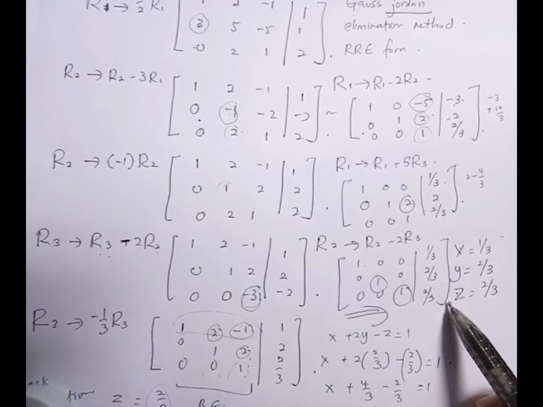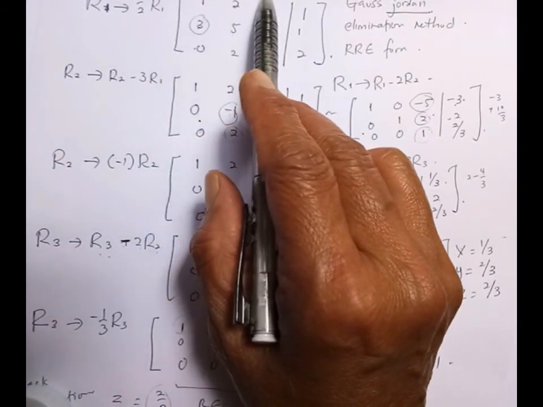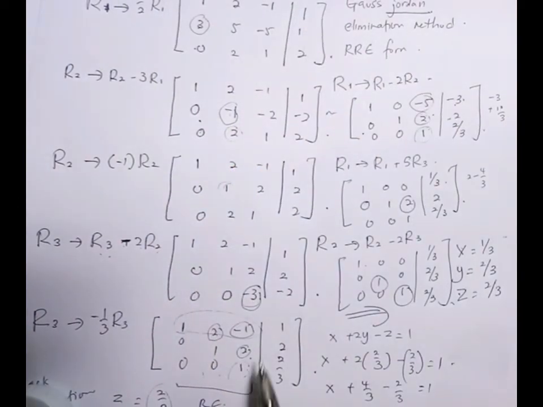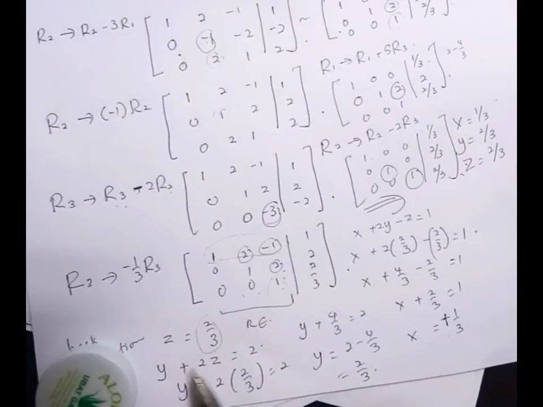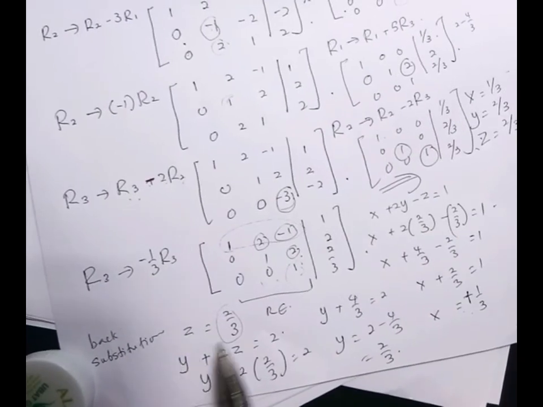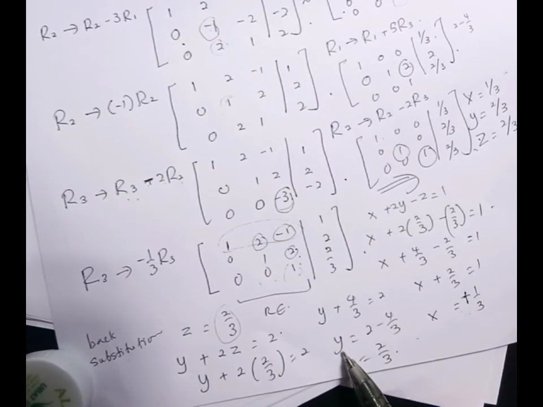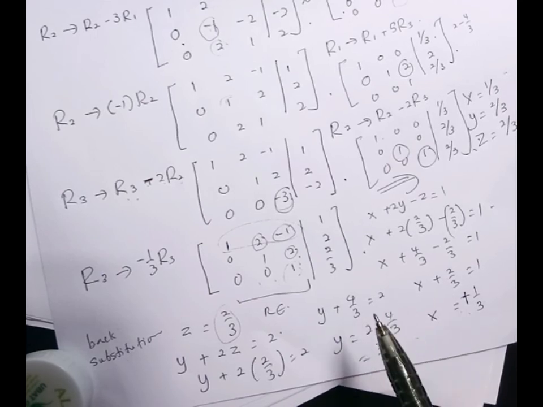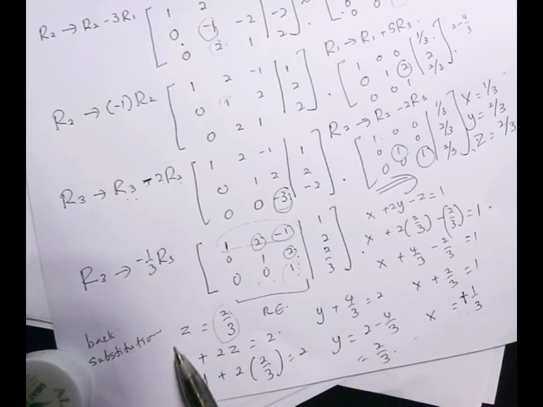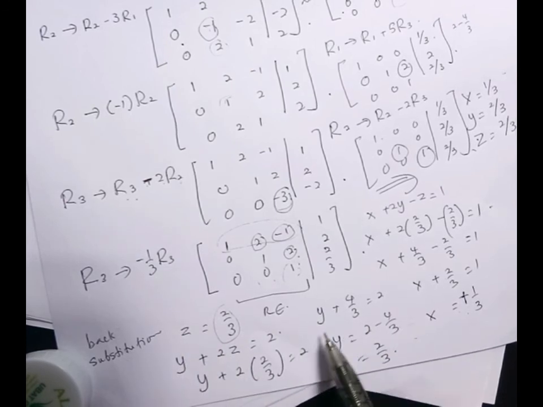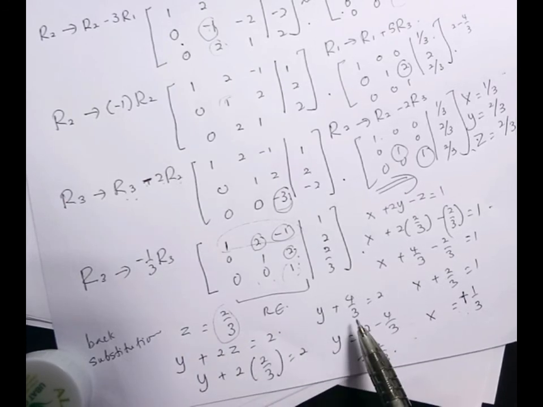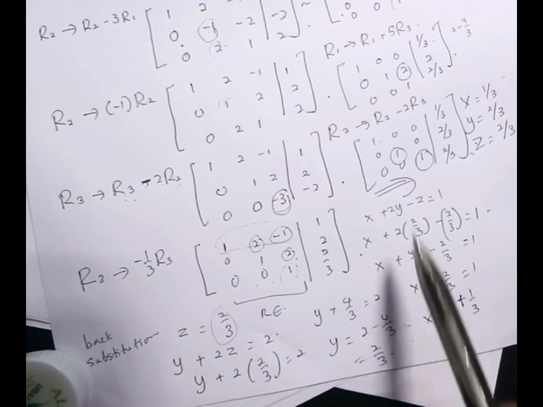But for the Gauss elimination method, we need to use the back substitution method in order to get x, y, and z. So that's the difference between the Gauss-Jordan elimination method and the Gauss elimination method. Remember, for Gauss elimination, we reduce until RE form, and we need to solve by back substitution to obtain x, y, and z.